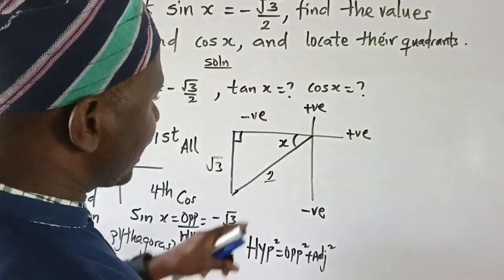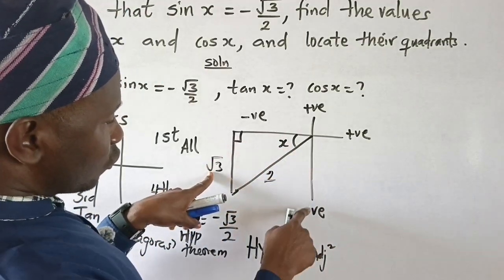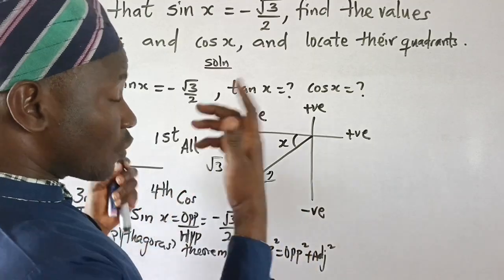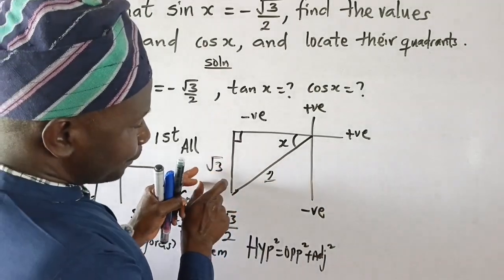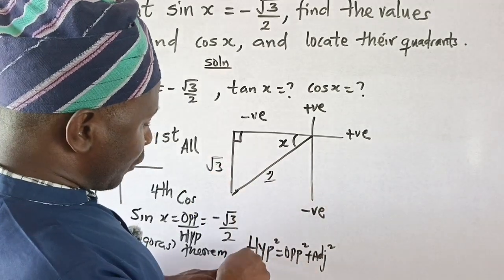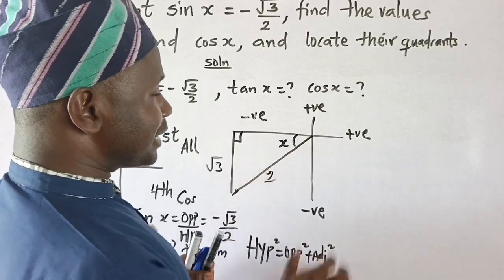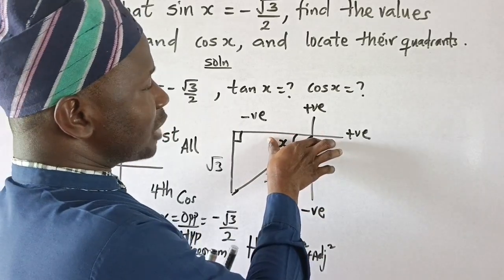From the question, this side is opposite. We are not going to consider the sign, so without considering the sign, we use root 3, and we want to determine the adjacent. We have hypotenuse to be 2. This sign indicates the direction, that is downward and below the horizontal axis.